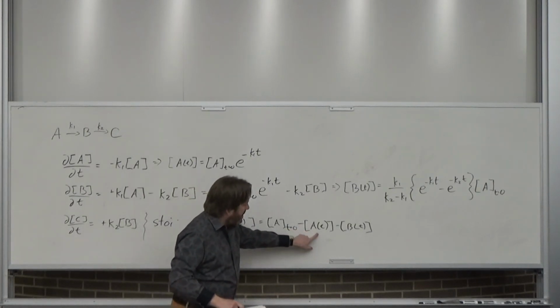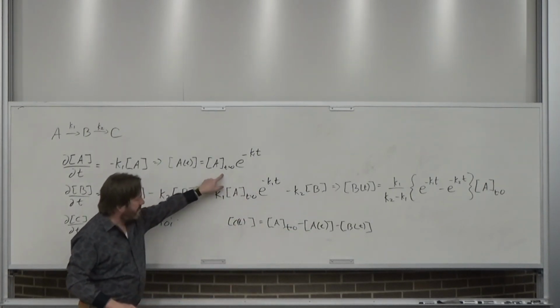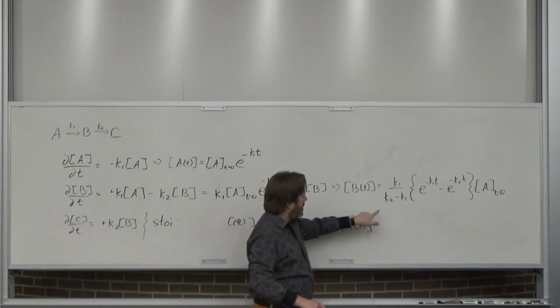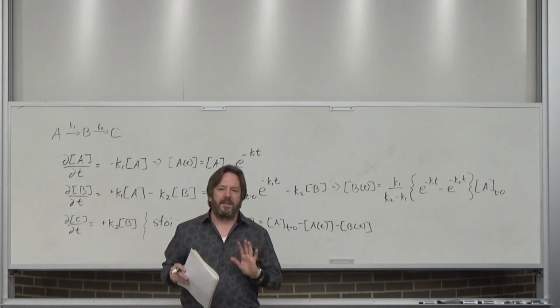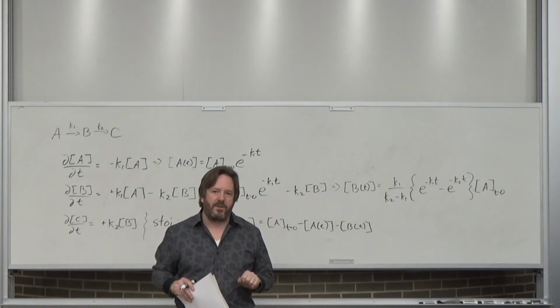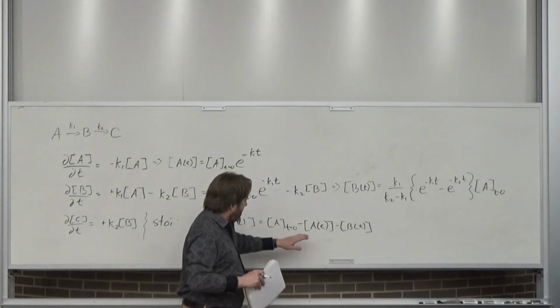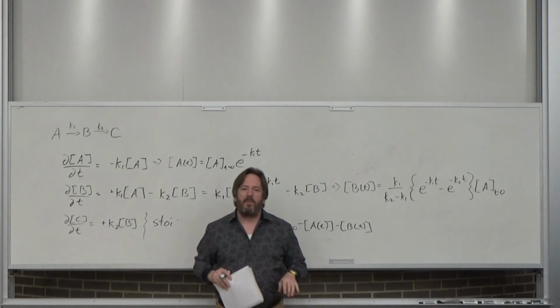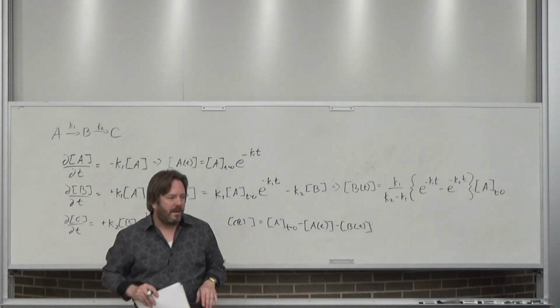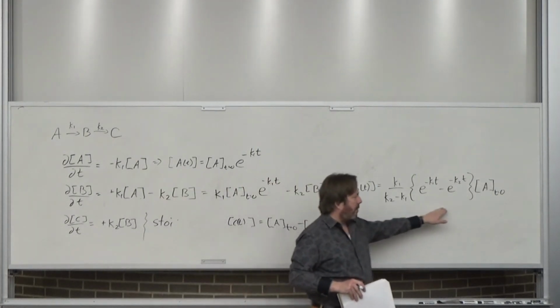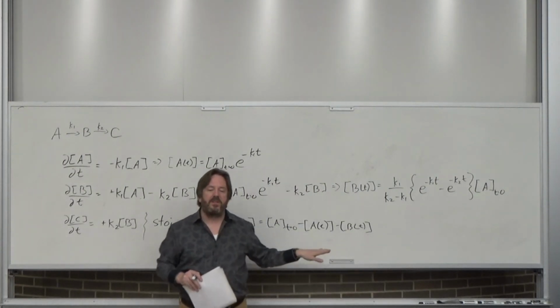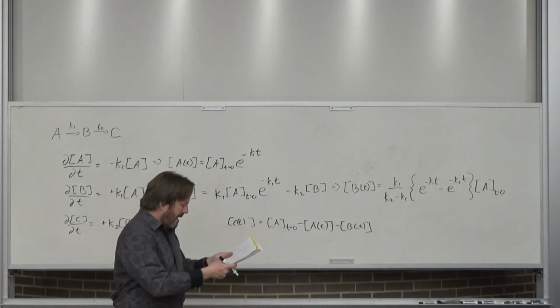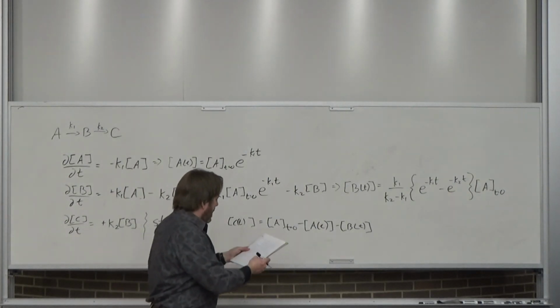Now, A as a function of time has already been solved, and B as a function of time is right here. So notice that the point of this is that it's a little math trick because of the stoichiometry and the fact that I've actually already solved A as a function of time and B as a function of time, even though I had to use some crazy software to do it. I actually already have the solution. It's just I'm going to have to do some algebra. And when I do, it looks like this.